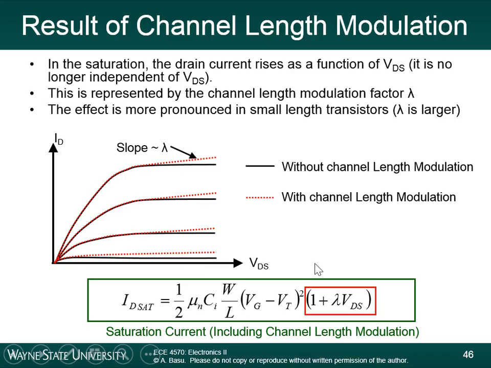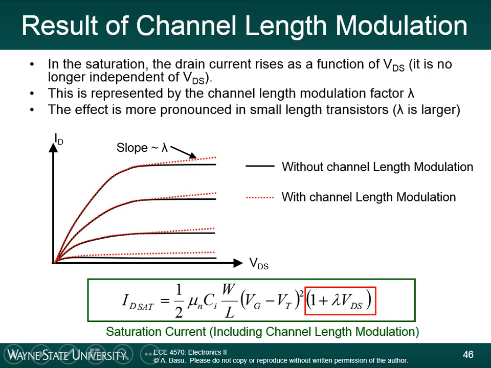In the ideal transistor, a long channel transistor, remember we had said earlier that in the saturation region, due to the pinch-off, the current does not increase with VDS. So this is a flat horizontal line. ID does not change with VDS. And in this original equation here, the part I'm circling right now, there is no VDS term in it.